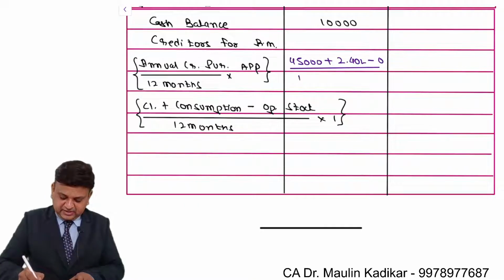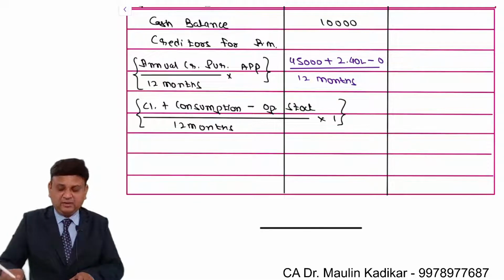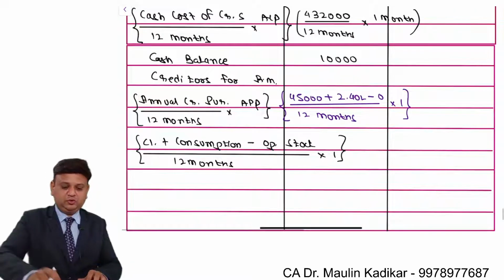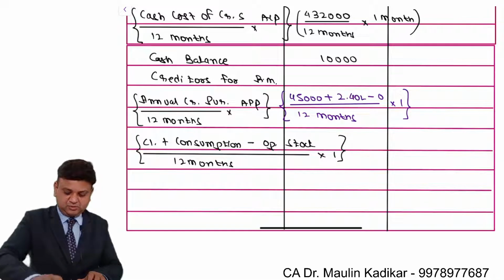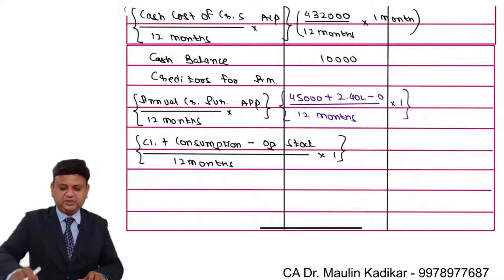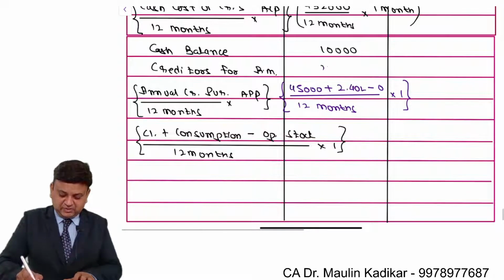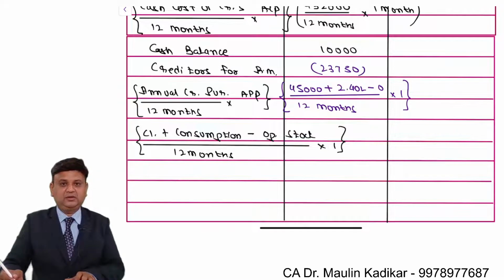Whole divided by 12 months into 1. That does not make a difference, but I am just writing it. So I request all of you to use a calculator. 45,000 plus 240 minus 0, divided by 12. That comes to 23,750. This is the way it is calculated.